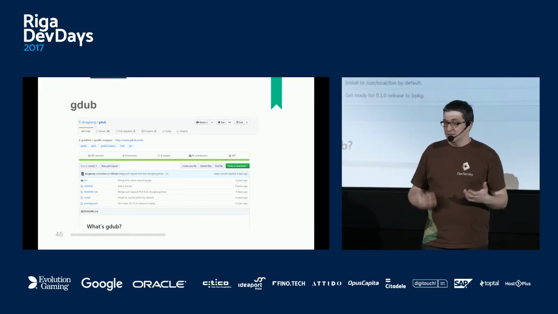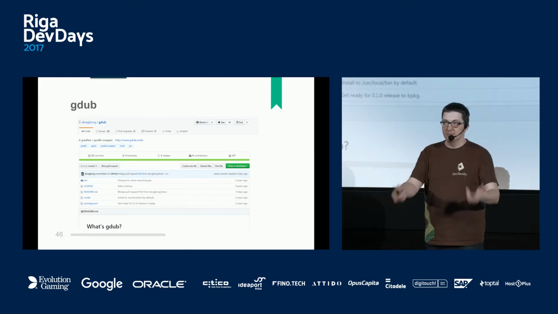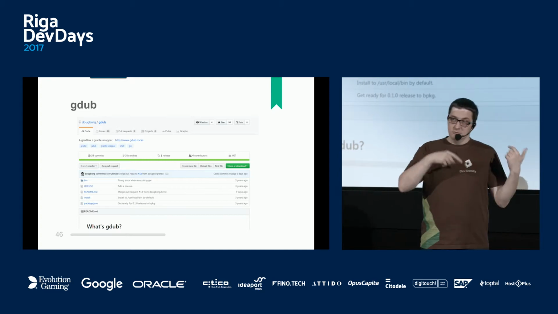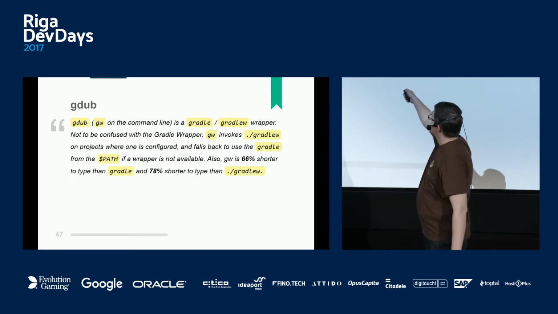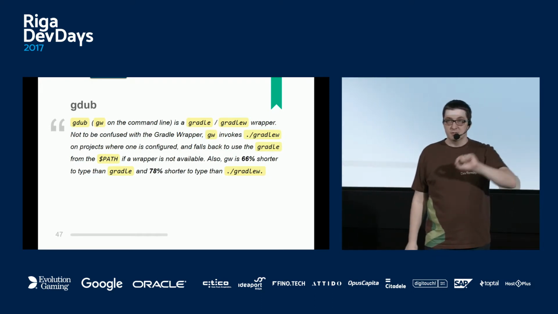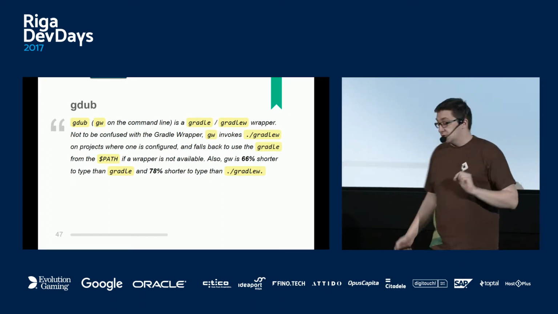So it's a common mistake that when you go inside a sub-project and try to run gradlew, it's not there because it's in the root. Gdub, or gw on the command line, will find the closest Gradle wrapper script inside the tree and run that. And it's also shorter to run.